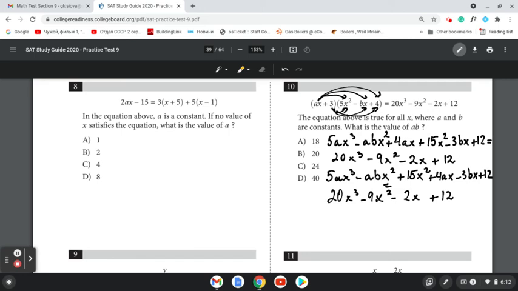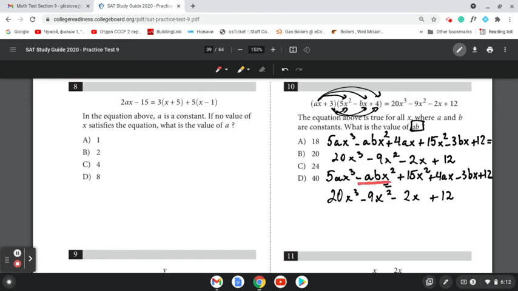I need to find ab, right? So I am going to focus on finding where ab is. Well, I noticed that ab is a coefficient in front of x squared. So knowing the before-mentioned property of identities, that everything is identical, I'm going to focus on the x squared terms. Where are the x squared terms on the left?